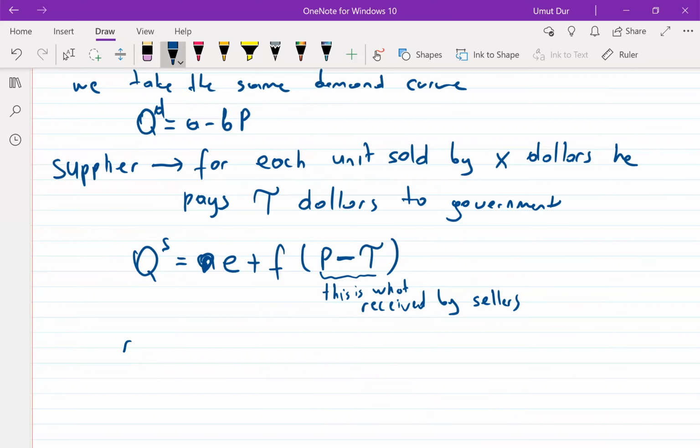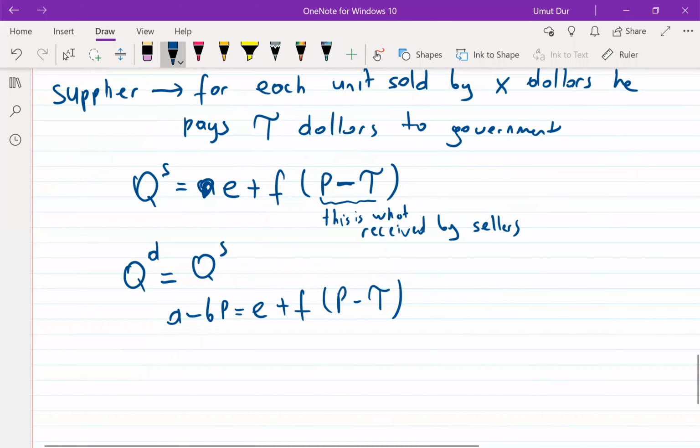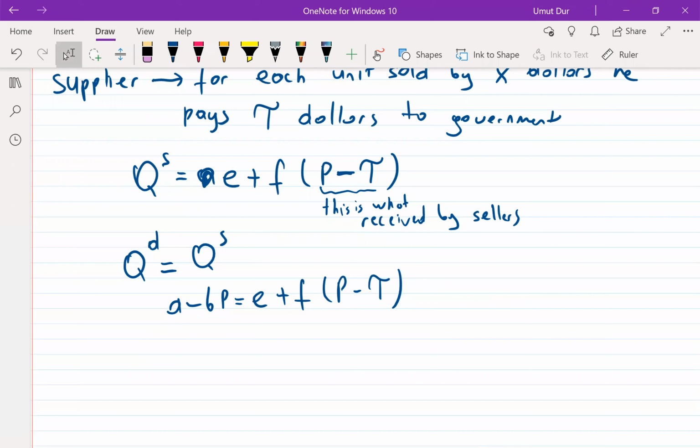Then I will take this as the supply curve of the sellers and do the same thing. I will look at the equilibrium, equalizing the demand to the supply, now using this new supply function.